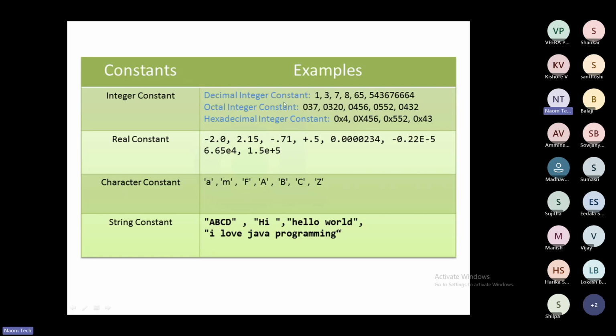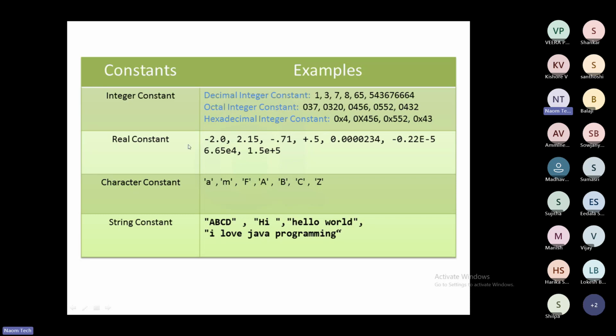Okay. So these are all integers, but simply speaking, an integer means a number without fraction. We don't need to care much about octal and hexadecimal, but I'm just quickly going through this. Okay.